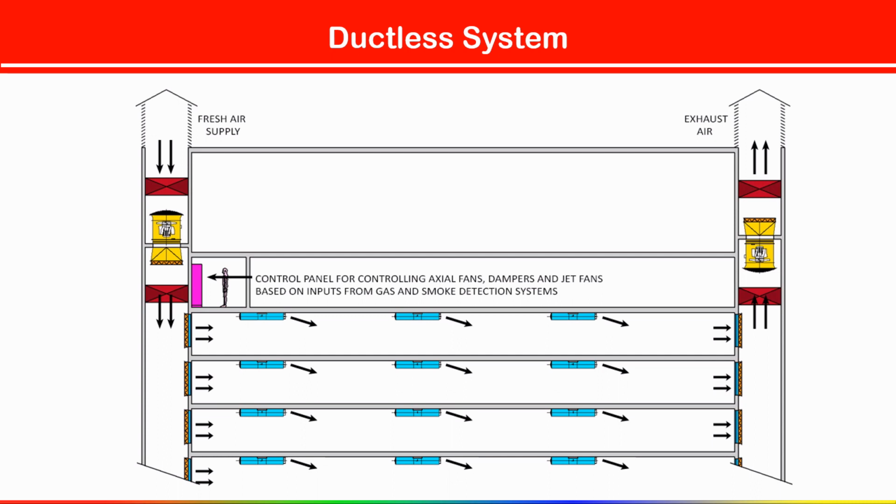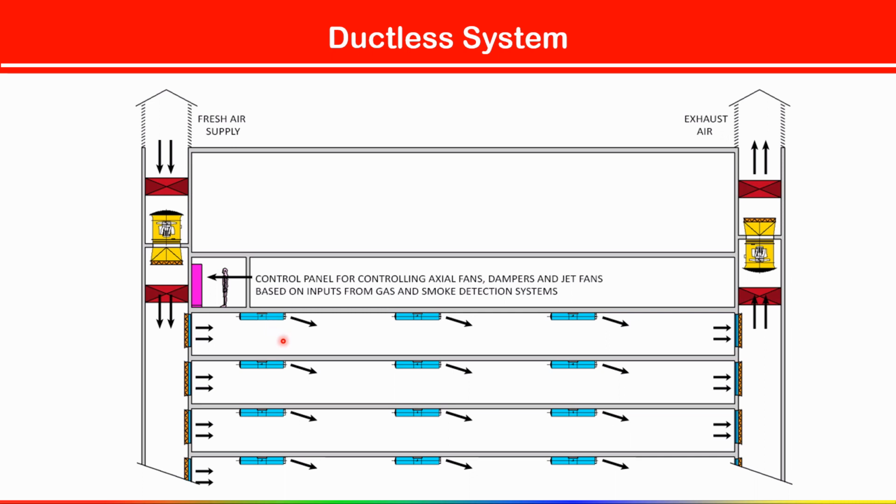Now here one image is there. Here you can see we have installed jet vent axial fans on each and every floor. Suppose this is a basement, there are four basements, 1, 2, 3, 4. In case of fire, when smoke is there in the basement, we have to exhaust that smoke.